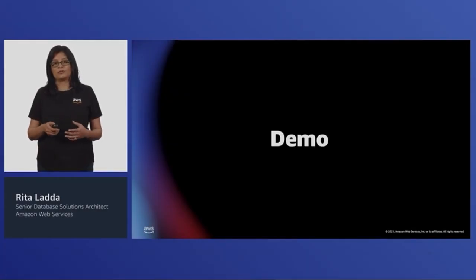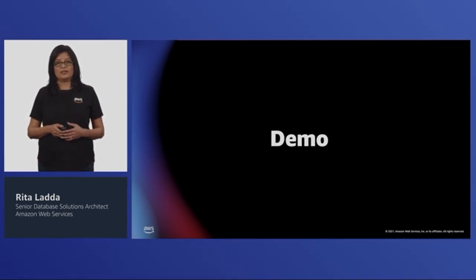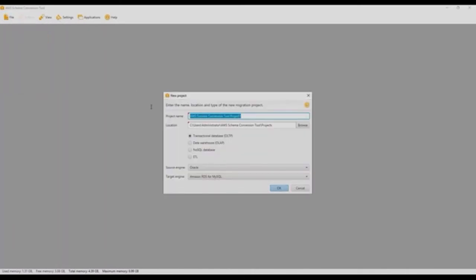So let's look at the demo of Microsoft SQL Server Refactor to Amazon Aurora using Amazon Schema Conversion Tool and AWS Database Migration Service. I have pre-created the source and target. As a first step, let's go to Schema Conversion Tool and create a new project to convert and migrate schema from source to target database engine.